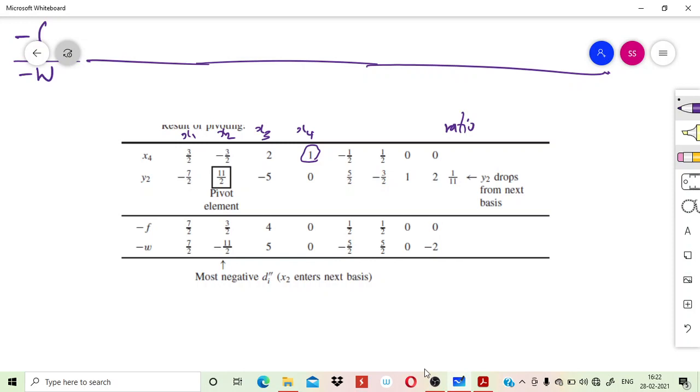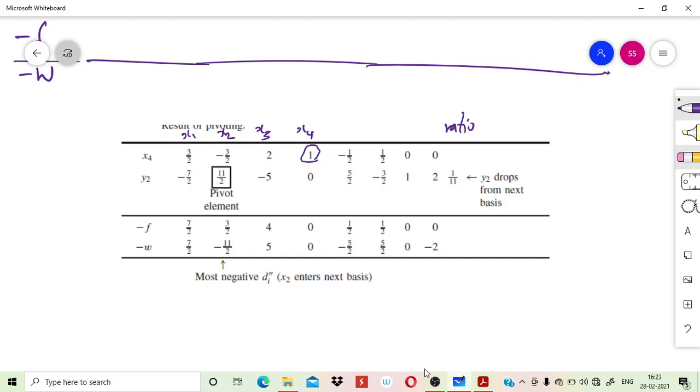How to find it, we have already discussed. You observe that column and consider all the non-negative numbers, and choose the minimum of them, and that row corresponds to the leaving variable.